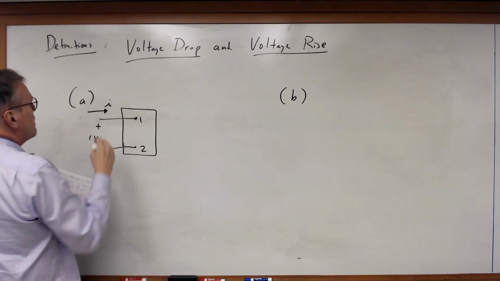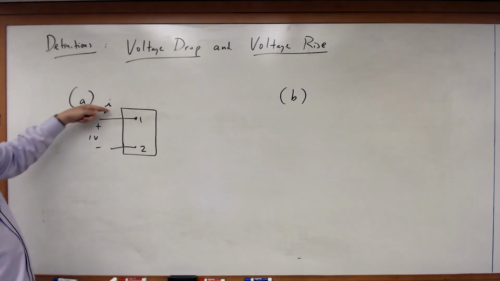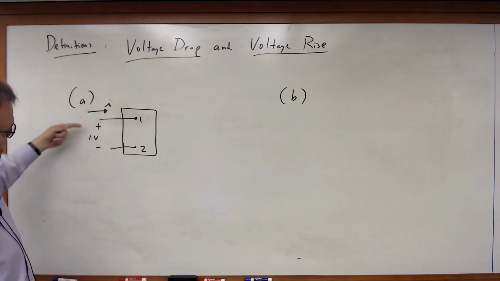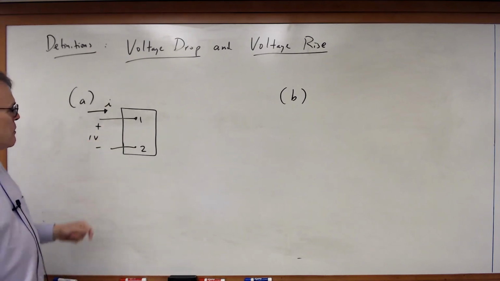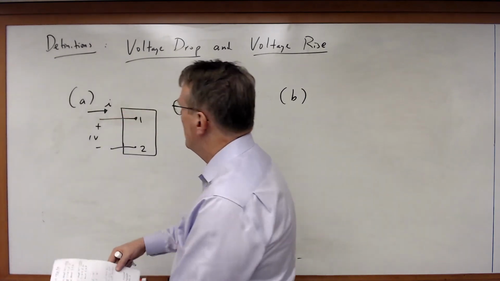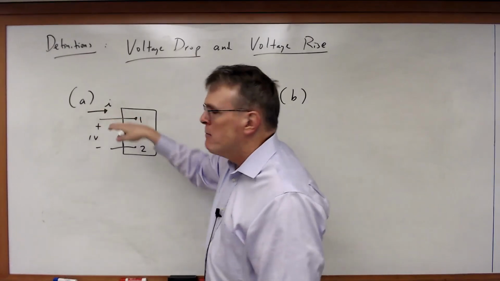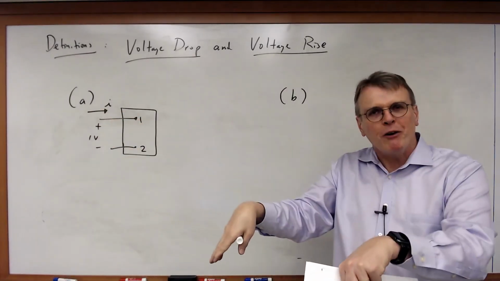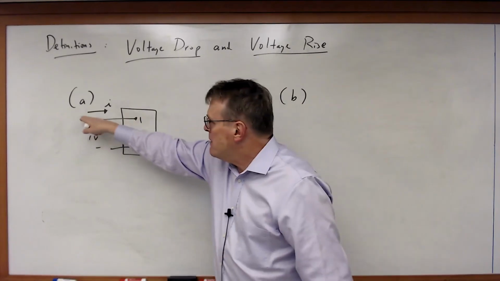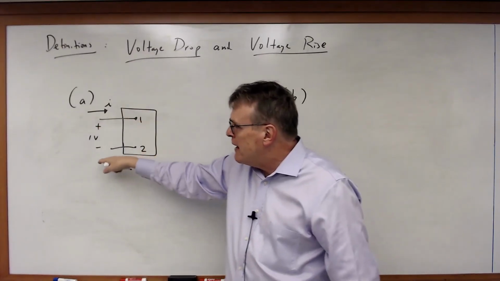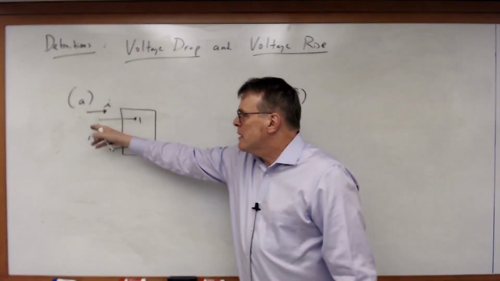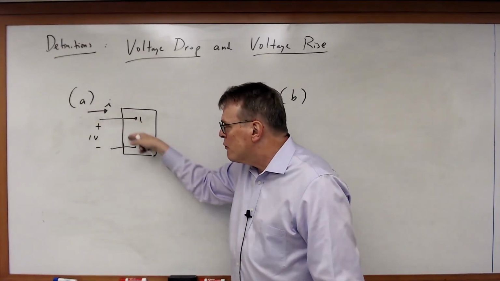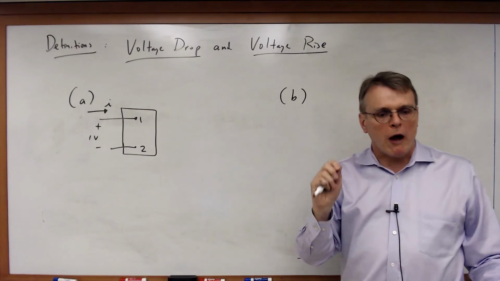And let's say I've got a current that we have defined flowing in to the positive terminal and out the negative terminal. So I'm just going to kind of follow this current around like I was basically going with the flow. I'm going to come into the positive and go out the negative end. And if I do that, I say that this going positive to negative through this element, I call that a voltage drop.